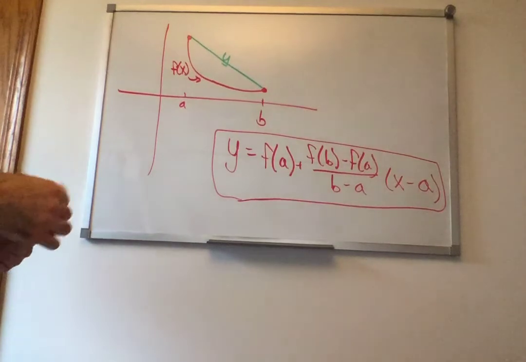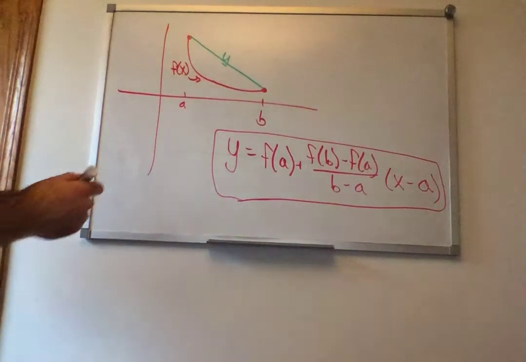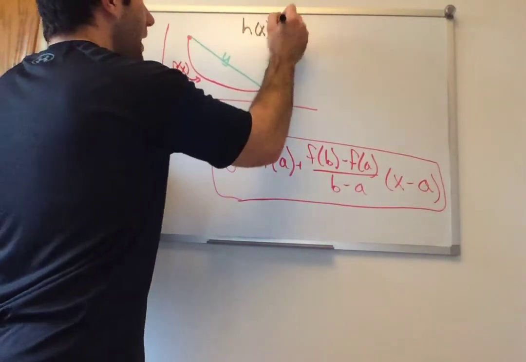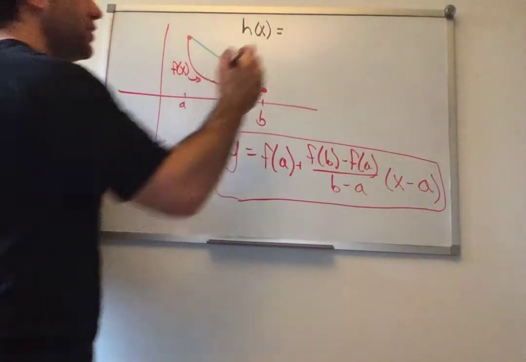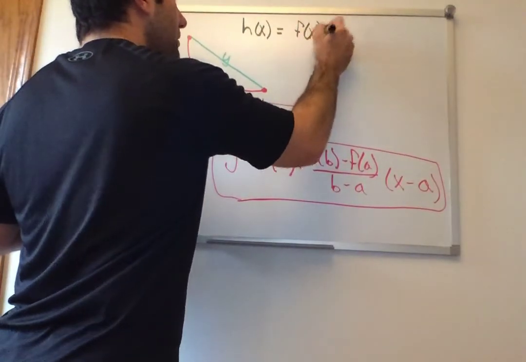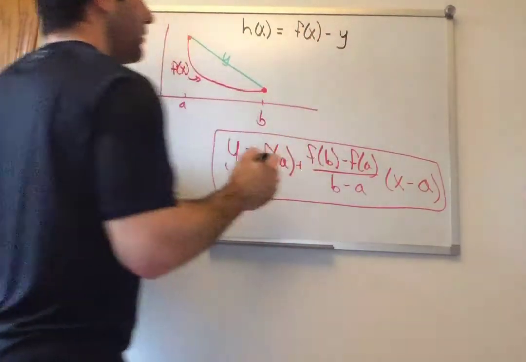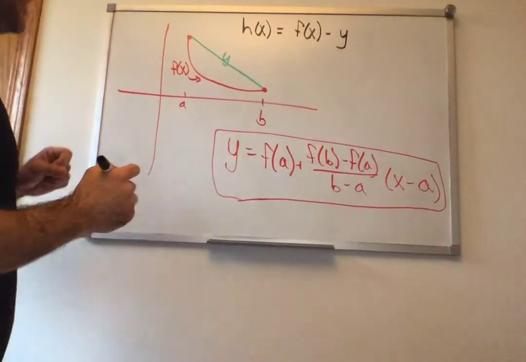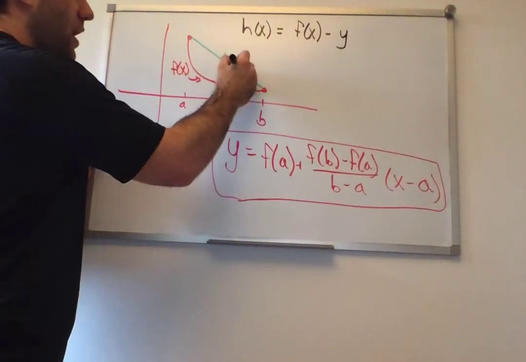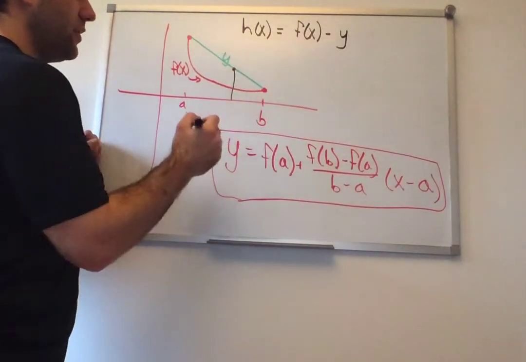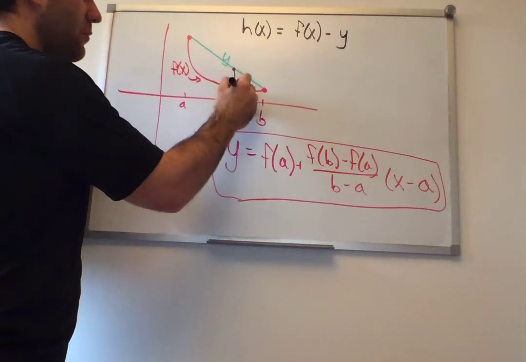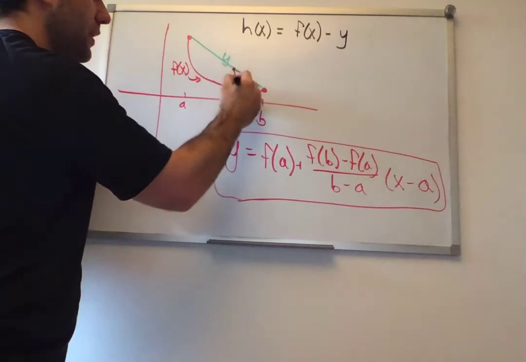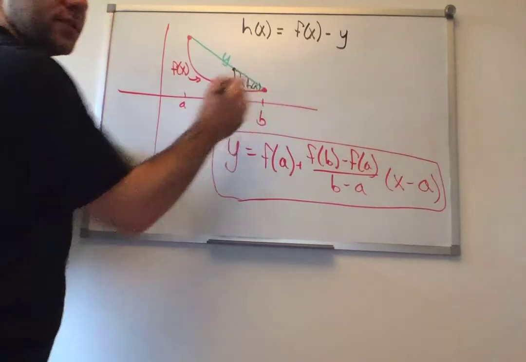And what we're going to do is create a new function and call it h of x and make that equal to f of x minus y. So all it is, is the difference between the y coordinates. If I've got a y coordinate right there, and then I've got the same y coordinate right there, you just subtract the two, and that right there would be h of x.